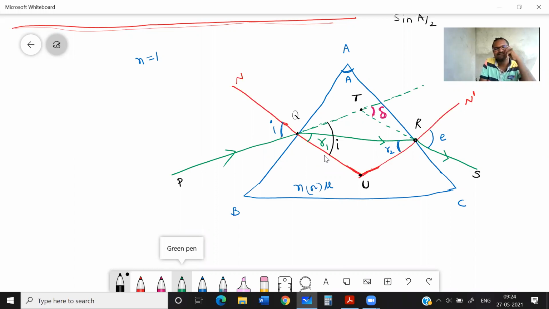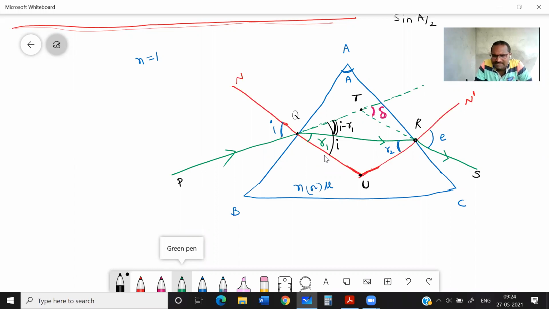Now if this is I and this is R1, then what will be this angle? I minus R1. Correct?